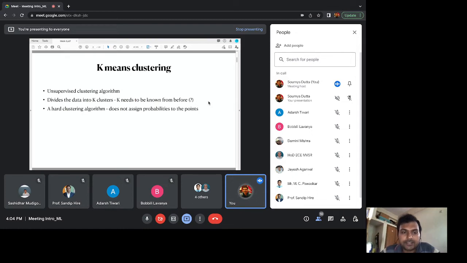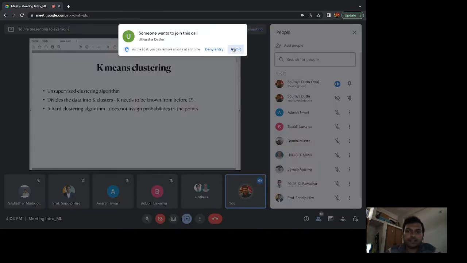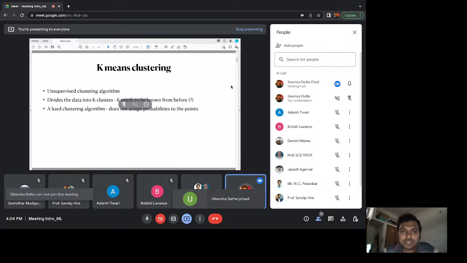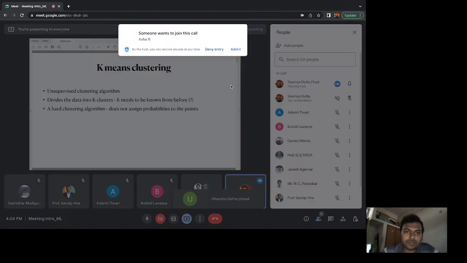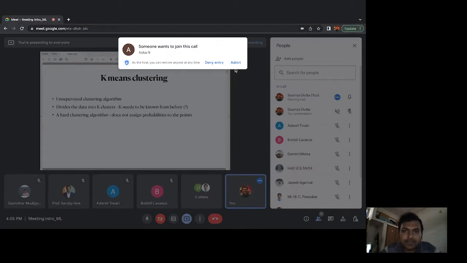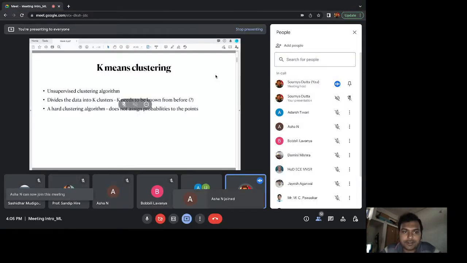The other is means, which effectively signifies the fact that we are considering clusters by virtue of their means, which is the average of all the points assigned to a particular cluster, and hence the name k-means clustering algorithm. And it is a hard clustering algorithm, which means that it does not assign probabilities to the points.